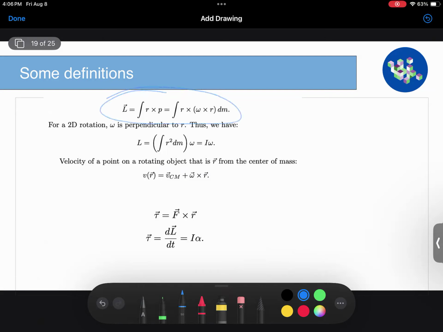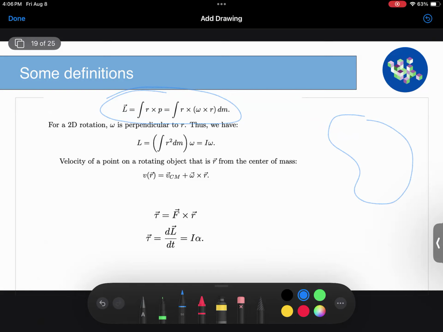If we have a system of distinct particles, we can write it as a summation of r cross p, right? But if we have an object, for example, I have this object over here and it's rotating, then I'll have to do an integral, because it's the same thing as summing up over each infinitesimally small mass.